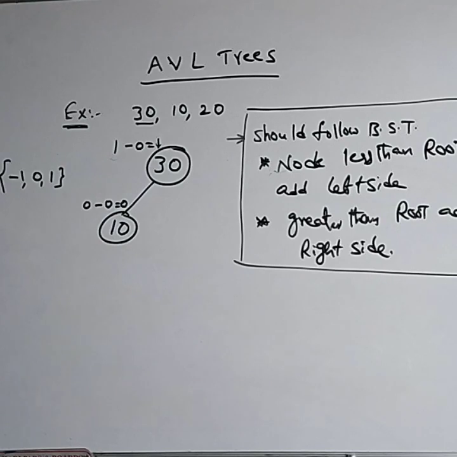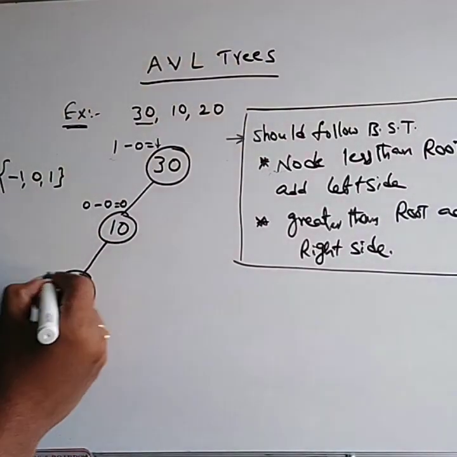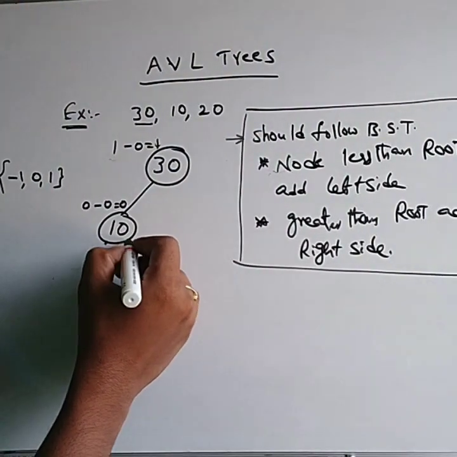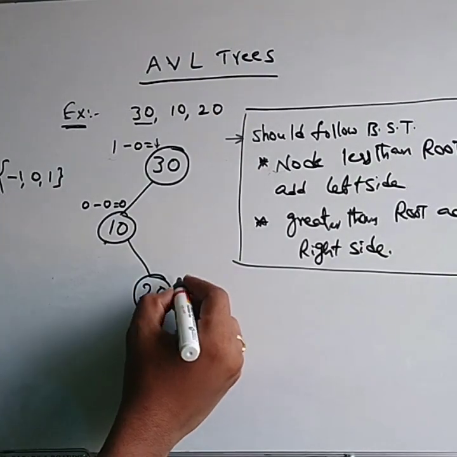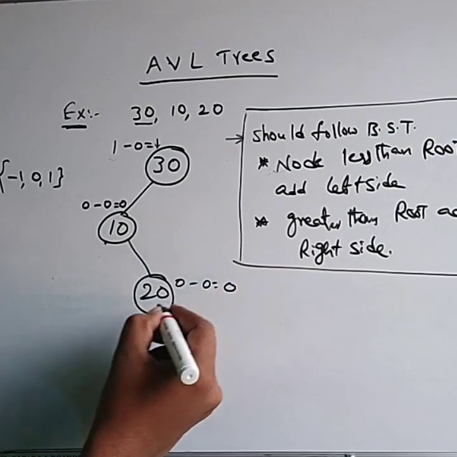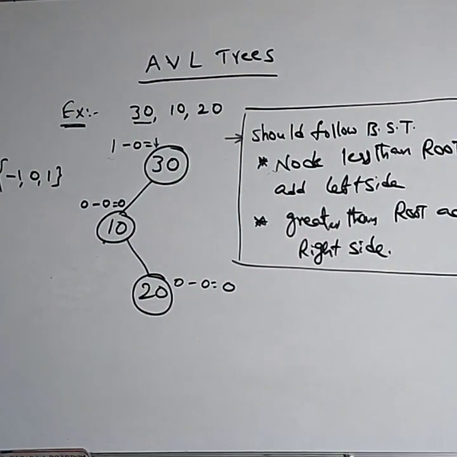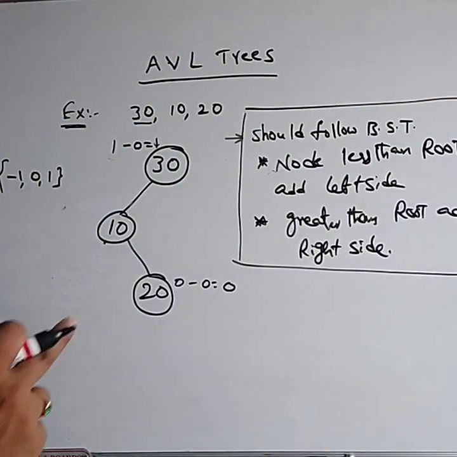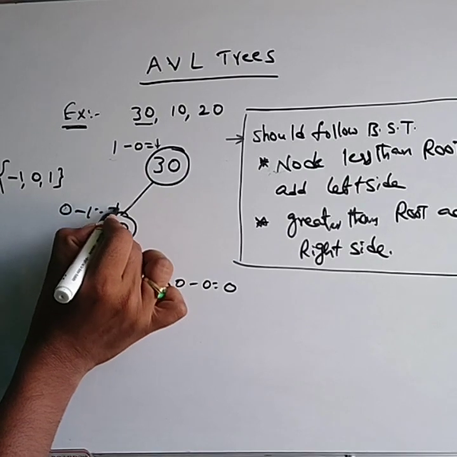Then add one more node, 20. It is greater than 10, so move to the right-hand side of 10. So this is 0, 0, no left side, no right side. Here the node 10 now has its balance factor changed. There is no left child, the right child is 1, so the balance factor is -1.